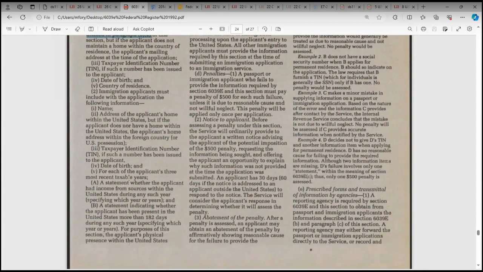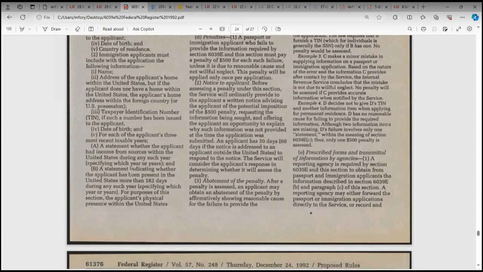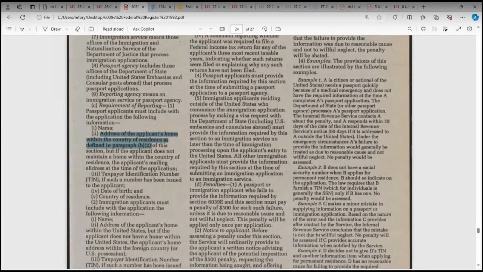All right, so all these things are in what I already read. Getting that out of the way, what have I stated so far? The persons required to submit a number are residents and U.S. citizens and nationals of the United States that have a foreign residency.